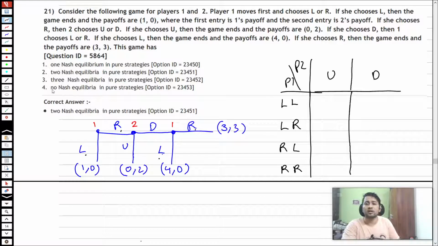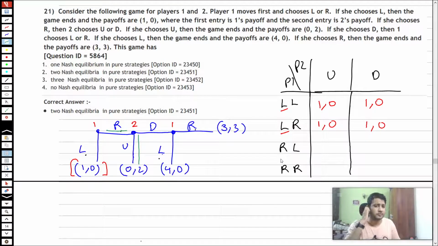Now if player 1 chooses left in the first instance, the game ends here no matter what happens after this. So the payoffs everywhere are going to be 1, 0. After this, if player 1 chooses right and player 2 chooses up, in that case the game always ends here at 0, 2.